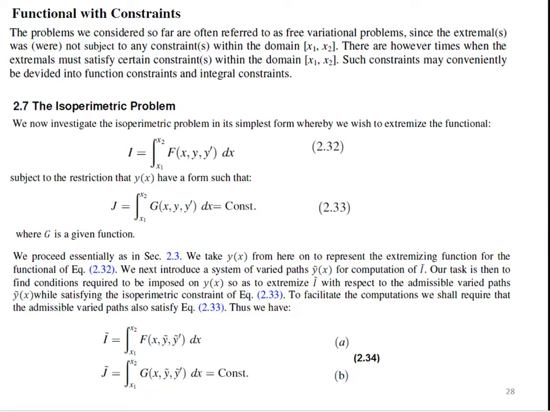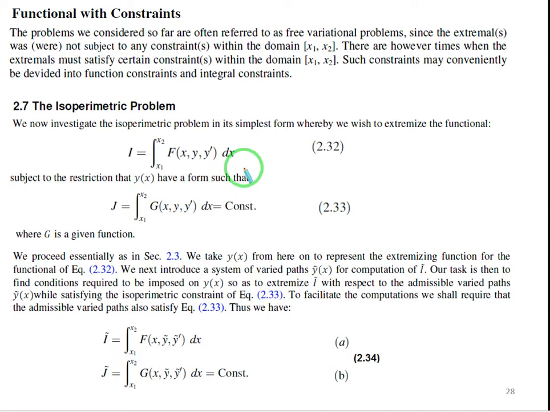Okay, let's continue our class. Now I'm going to speak about some special cases where our functional problem has some constraints. We spoke about constraints.